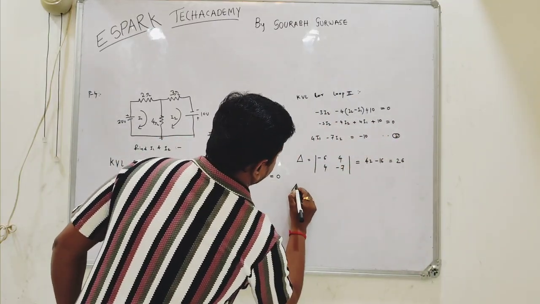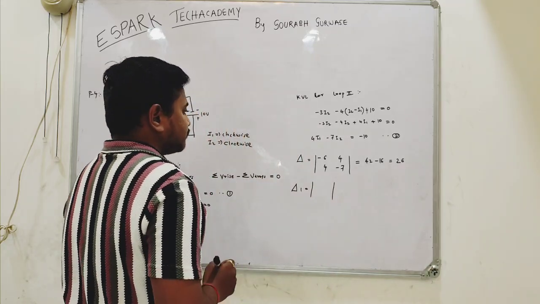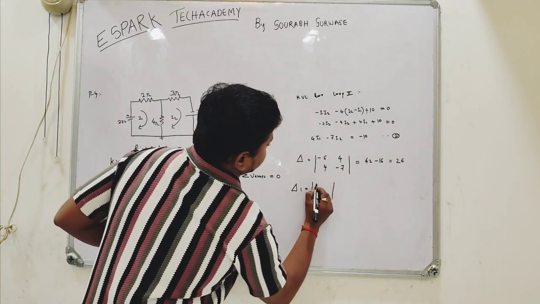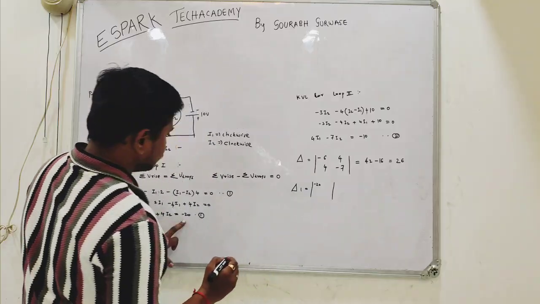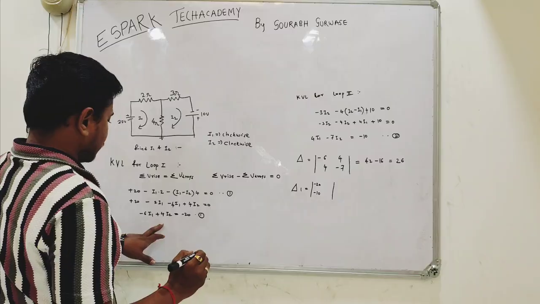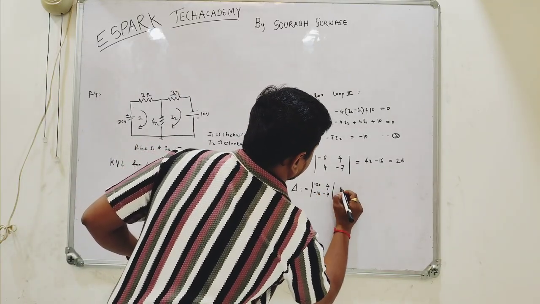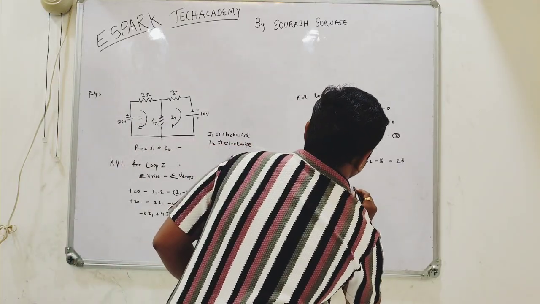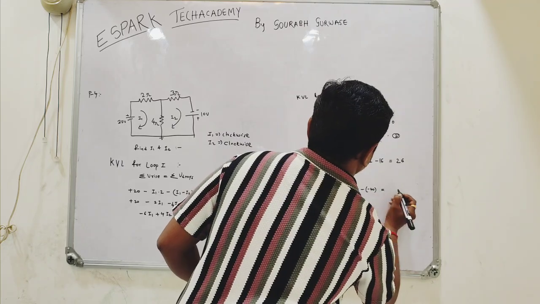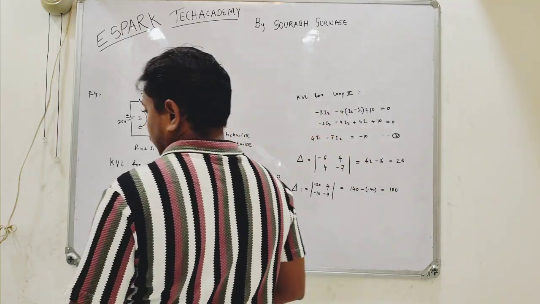Now for delta 1, just replace the first column with the other parameters, the RHS values. Now here also it will be 140 minus of 40, it will be 180, you can see.